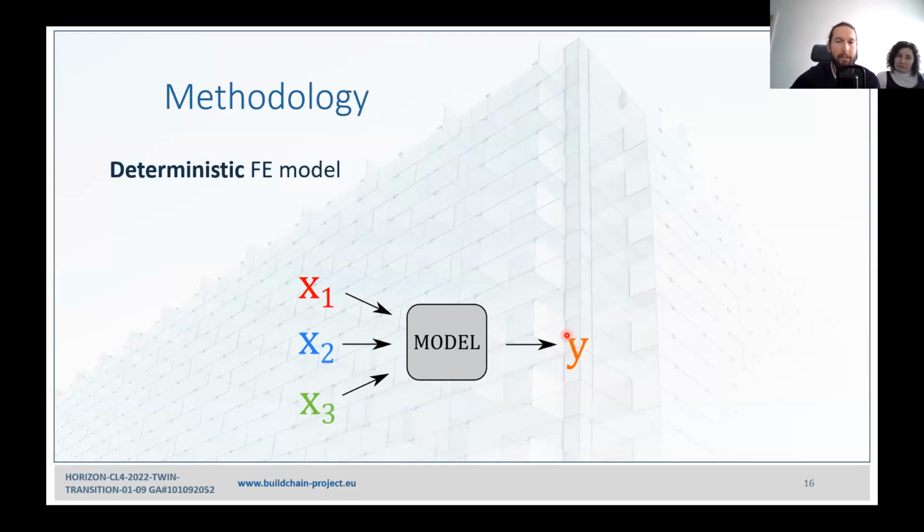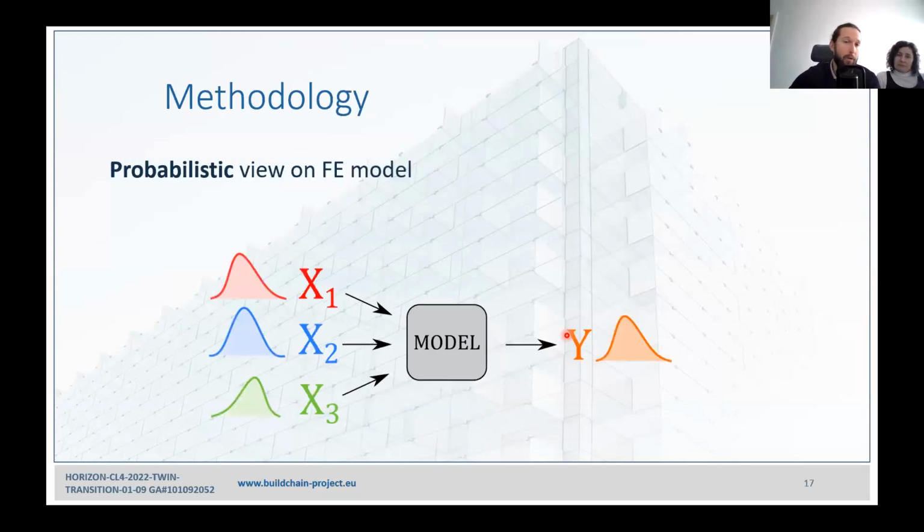So we have some idea about the probability distribution, and that's why we transform our model into a probabilistic view. And each input parameter has then an assigned probability distribution. And this distribution reflects our knowledge about the parameter, and it reflects the uncertainty that we have in this parameter.